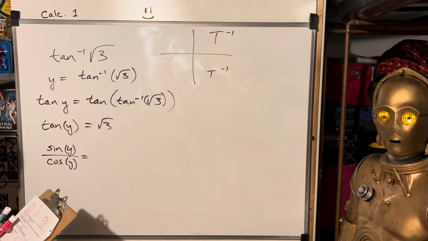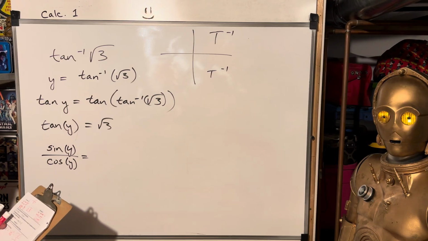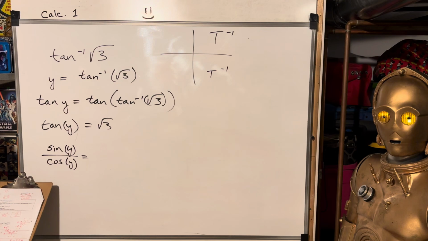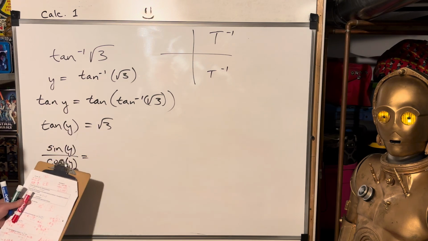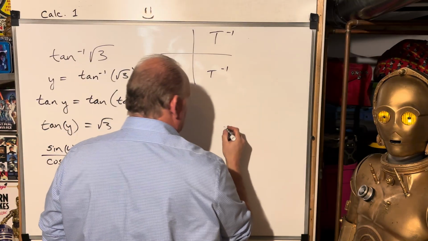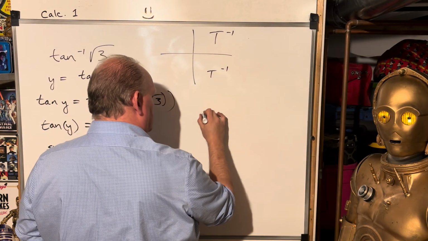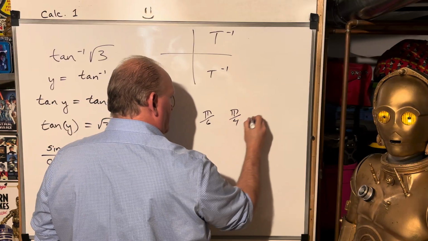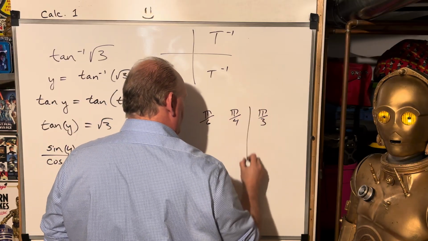In either the first or the fourth quadrant. But both of those are going to have to be positive to be that. So we're only working in the first quadrant. So let's do our little trick. Pi over 6, pi over 4, pi over 3.